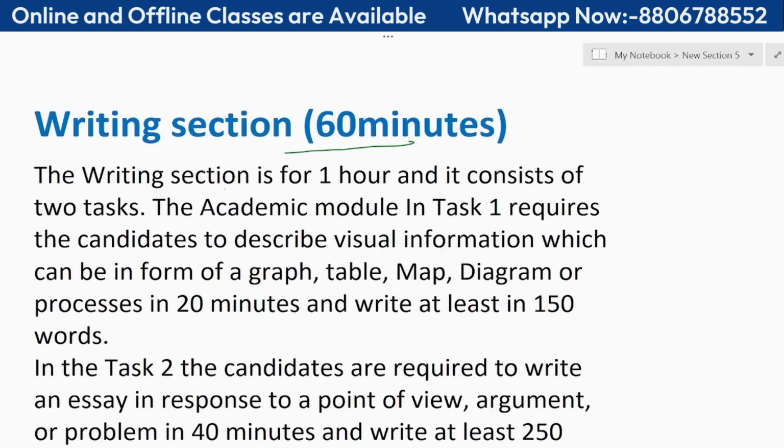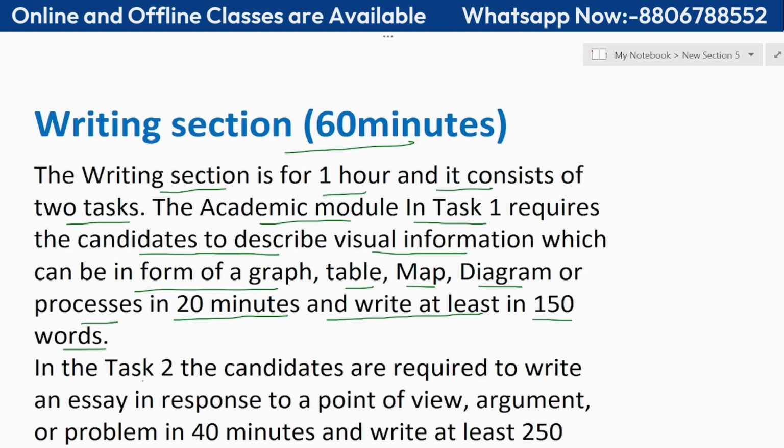Now in the writing section, that is for 1 hour, and it consists of 2 tasks. The academic module in task 1 requires the candidate to describe visual information which can be in form of a graph, table, map, diagram or processes. In 20 minutes they need to finish this task and write at least 150 words.